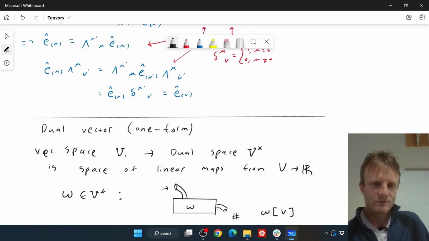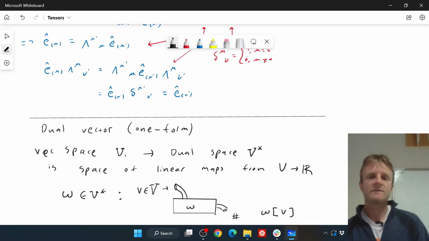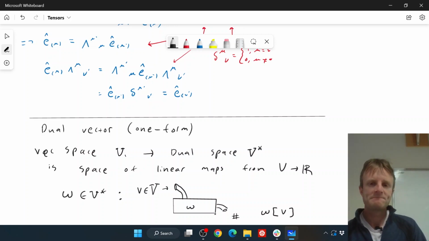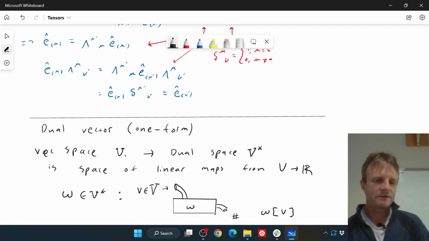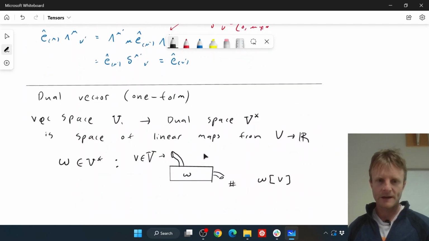That's a huge blunder of mine notationally. That's what I get for not following notes. Makes it more organic, though. All right. Good. Little v and capital V goes in. Little omega and capital V star. What comes out is omega of little v. Okay. And it has to have linear dependence on the argument. Okay.